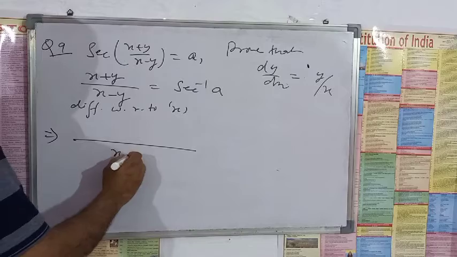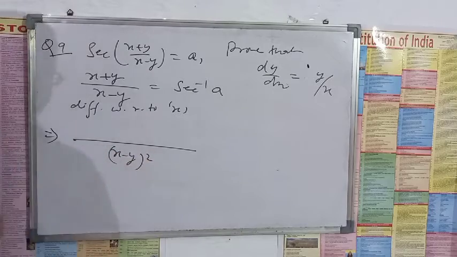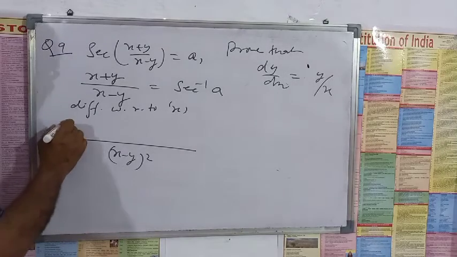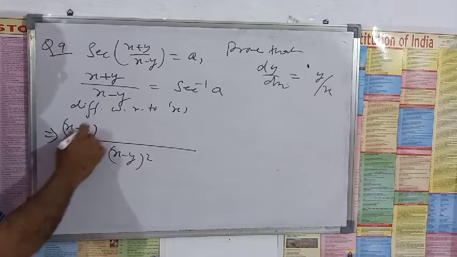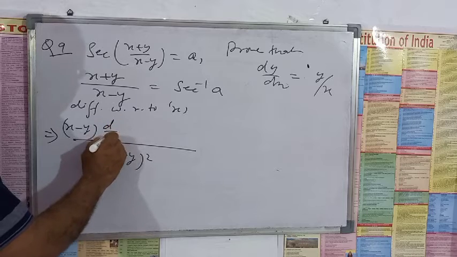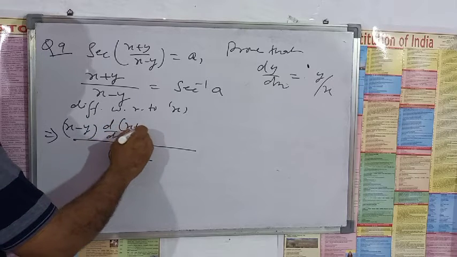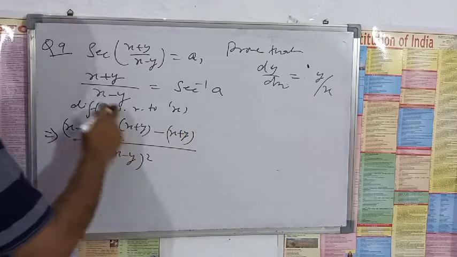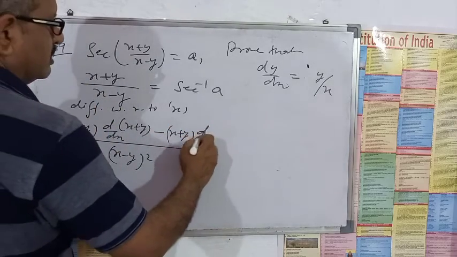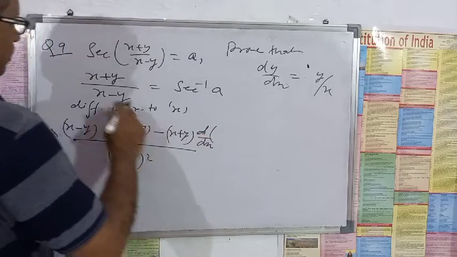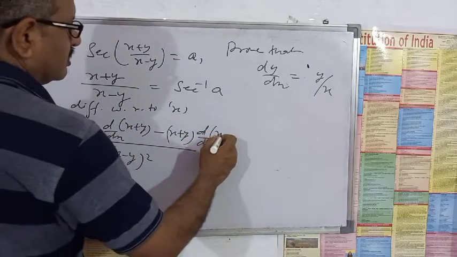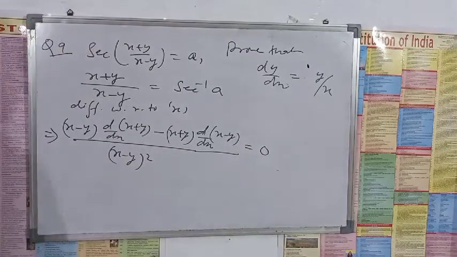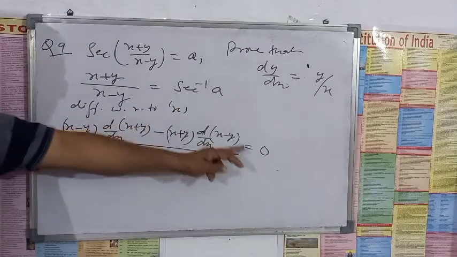Apply the quotient rule here. What is quotient rule? Square of the denominator. Write in the numerator x minus y, that is denominator, into derivative of numerator x plus y, minus x plus y numerator into derivative of denominator x minus y, is equal to 0. Sec inverse a is constant, so it is 0.